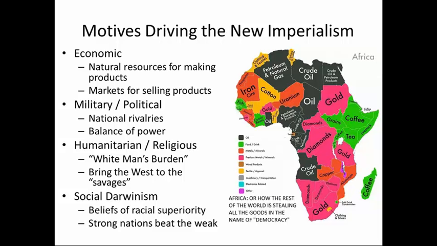That was their duty, their religious duty. And this term, white man's burden, comes from a poem by English writer Rudyard Kipling.